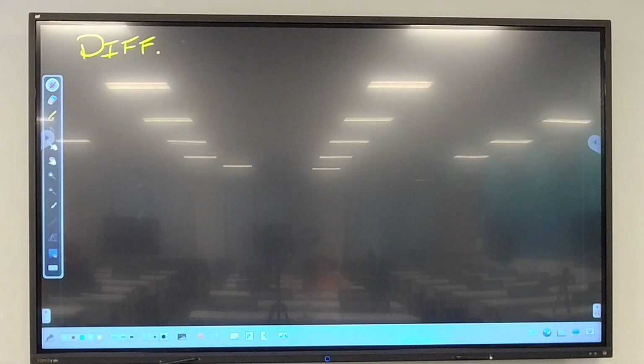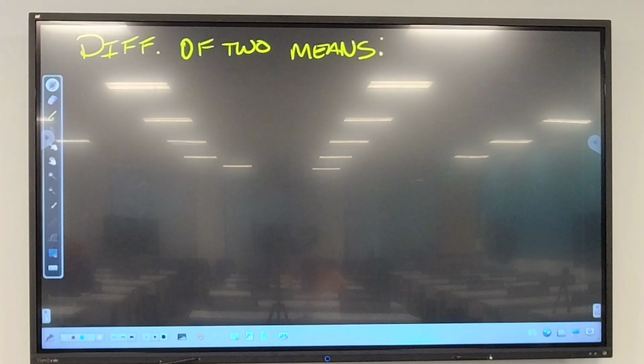Here we're talking about the difference of 2 means. So our test statistic still needs to have the form of observed minus the mean.